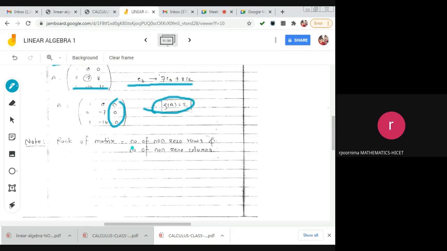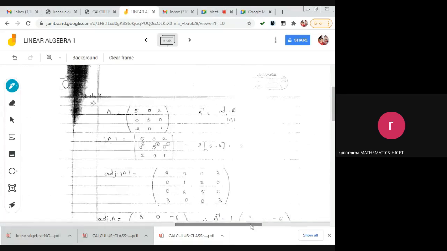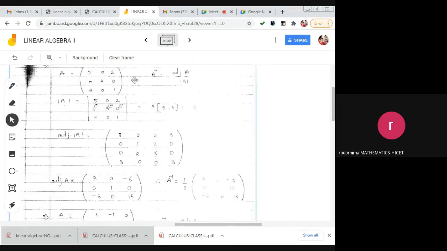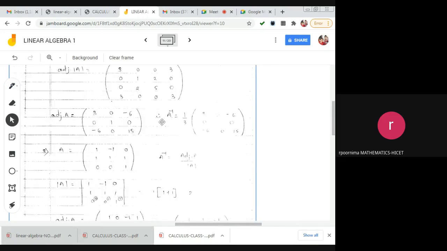So the rank of a matrix is the number of non-zero rows or the number of non-zero columns, after applying either row echelon form or column echelon form. Next, a matrix A is given and they ask to find A inverse, that is adjoint of A by determinant of A. The same procedure.